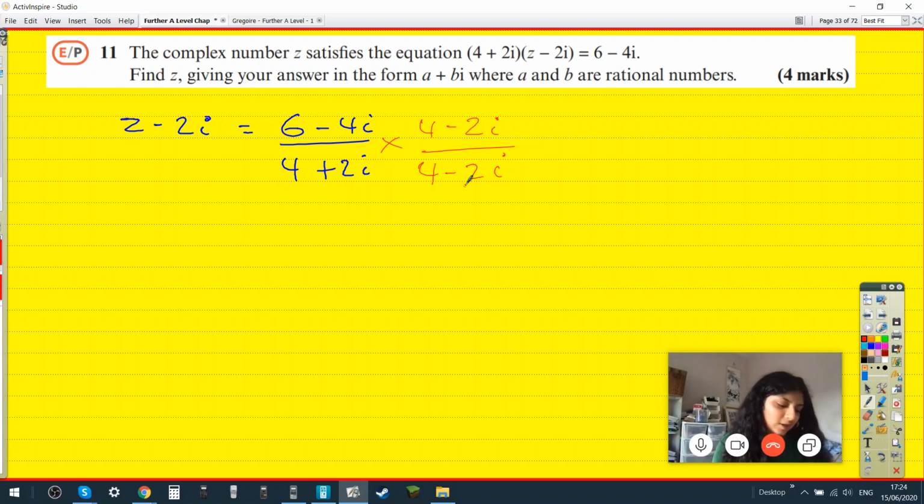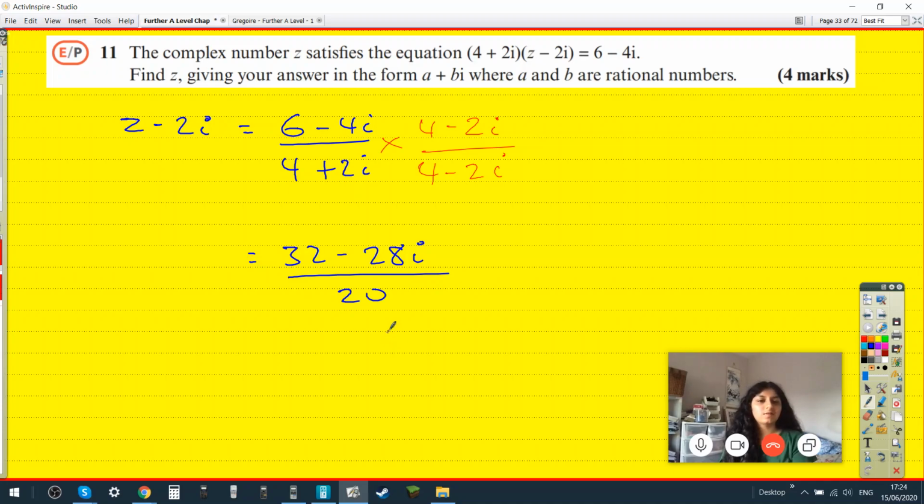So for the numerator, I got 32 minus 28i. And then I got 20 for the denominator.